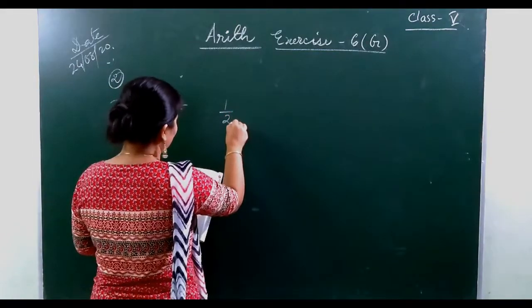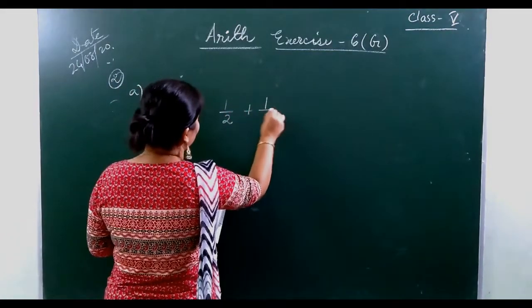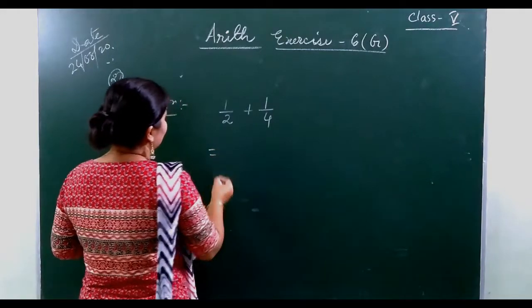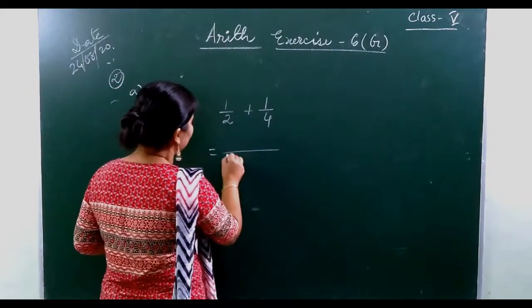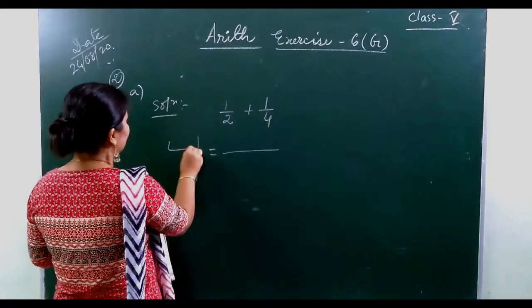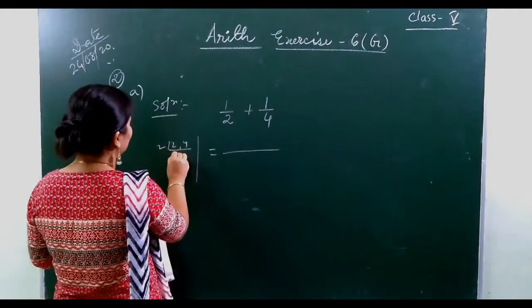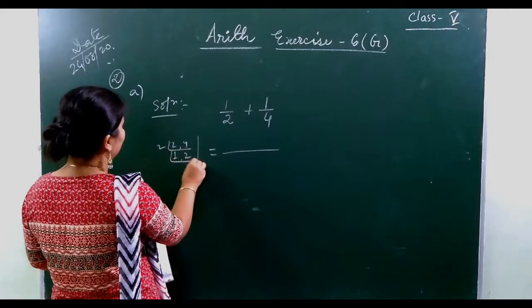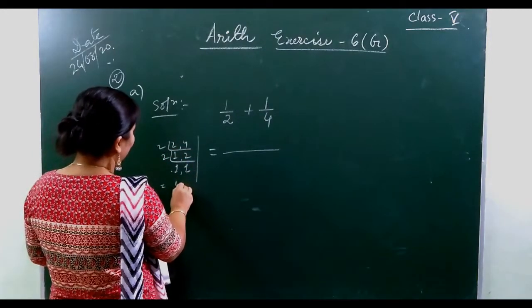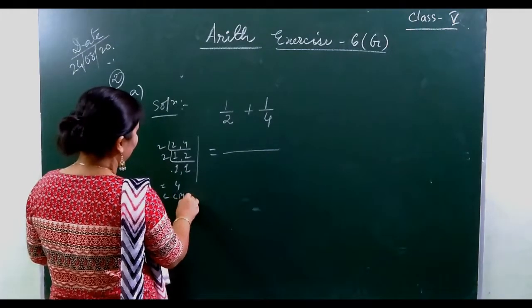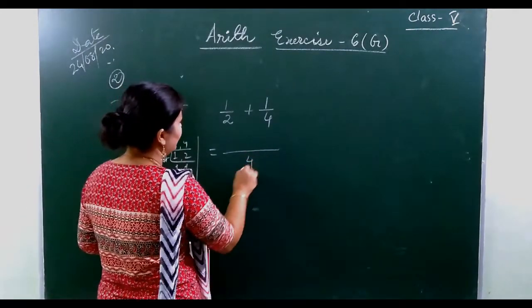1/2 plus 1/4. You can see here different denominators, so we have to take the LCM, and LCM will be 2 1 time 2, 2 times 4, 2 1 time 2, so you will get 4 here. LCM will be 4, so 4 we will take here.